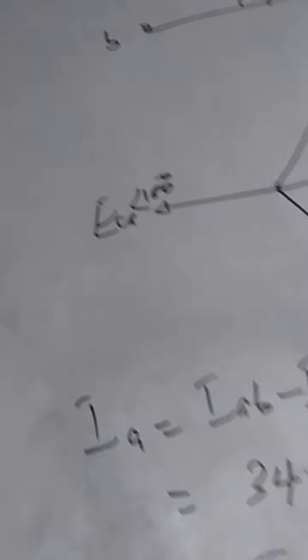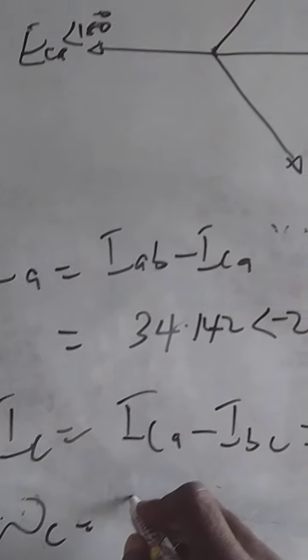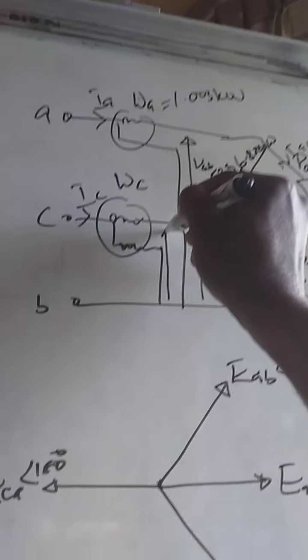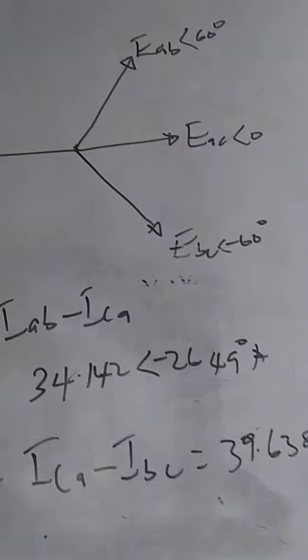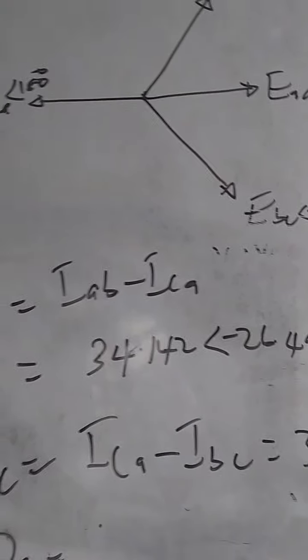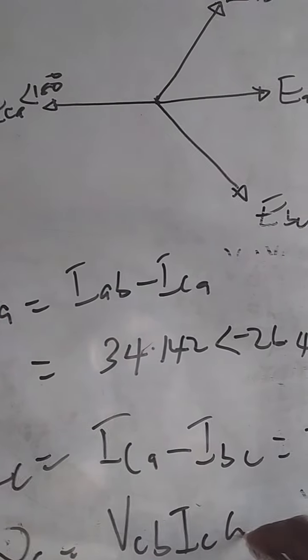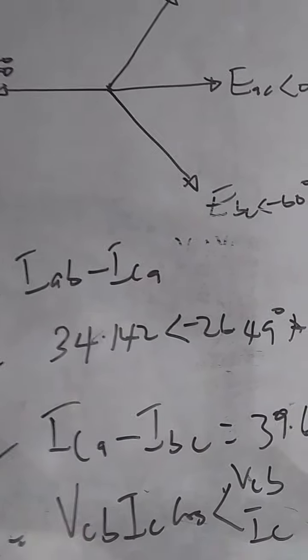So now we need to find WC. The wattmeter reading in WC will be the voltage across here, which is VCB, so you have VCB times IC cos VCB IC.